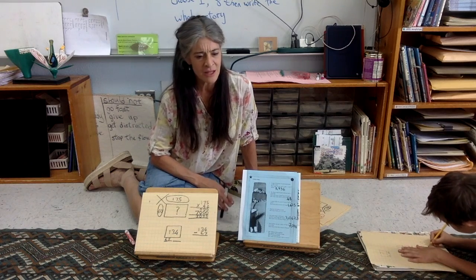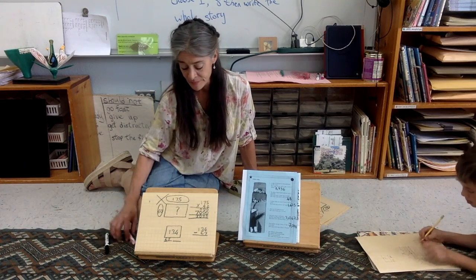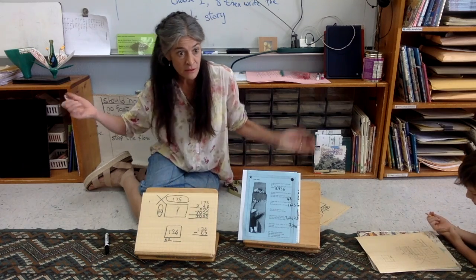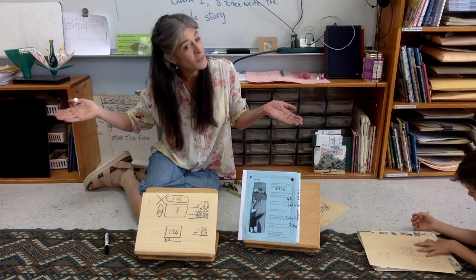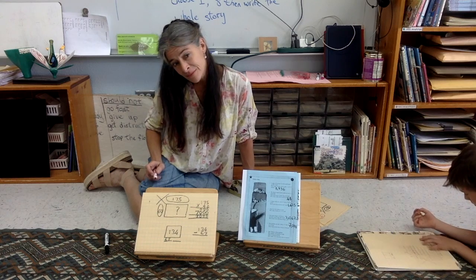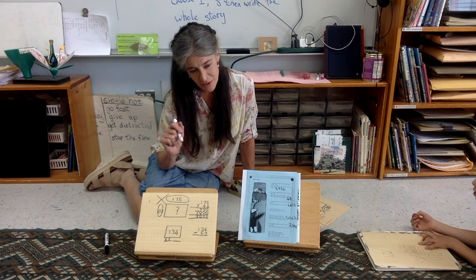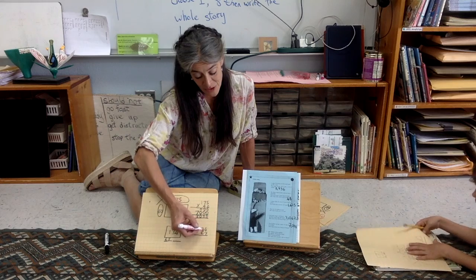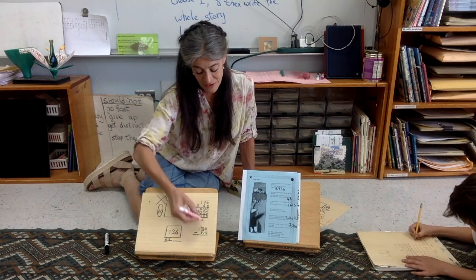And Grayson, it's been a while since you've walked us through something. Do you want to? Yeah. Okay, loud voice, okay? 4 take away 7, we can't do it. So we steal some. We're going to cross out the 3, and leave 2.